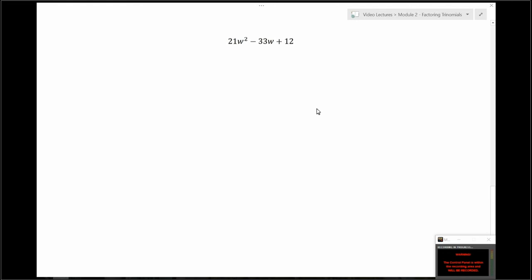So in this last case, we've already started to get some big numbers. And what we might want to do is see if there's a GCF here. And there is. In this case, it's 3. And once we do that, we see we're working with much smaller numbers in the trinomial.